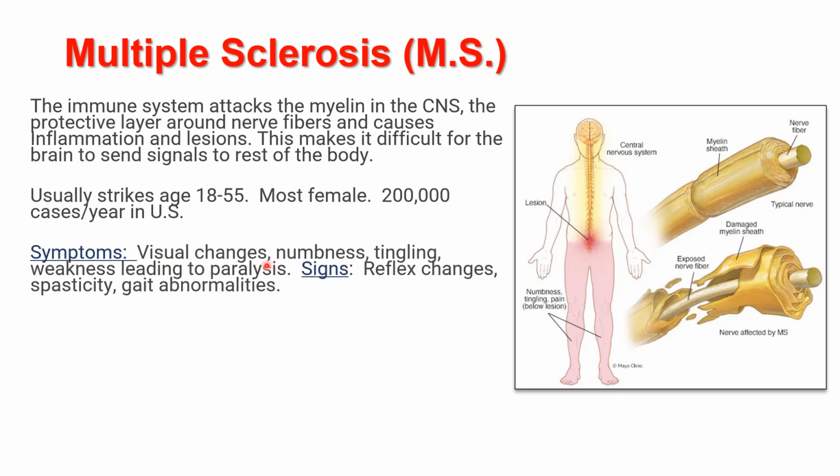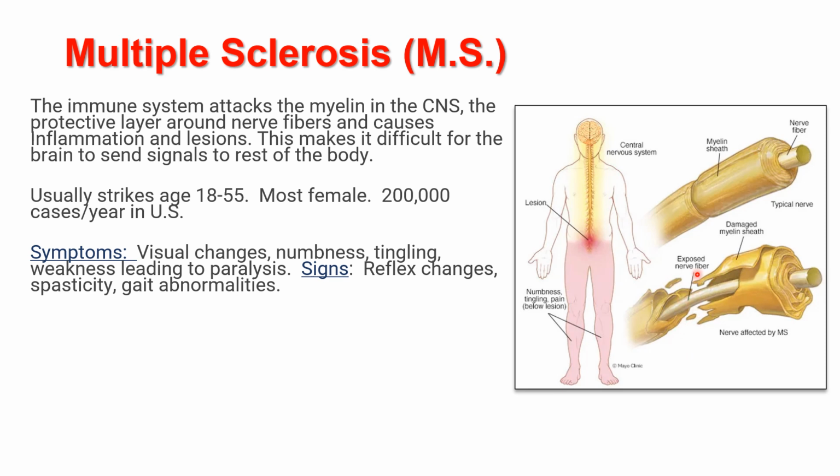But what happens is you start to see loss of the ability to signal. Instead of a saltatory conduction, which is very, very fast and jumps from node of Ranvier to node of Ranvier, now you've lost that insulator, and the signal may not have enough strength to make it to the next node because of current leak.